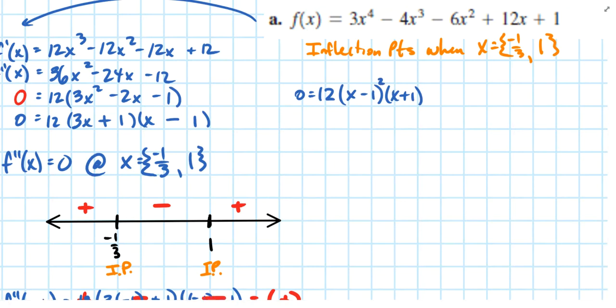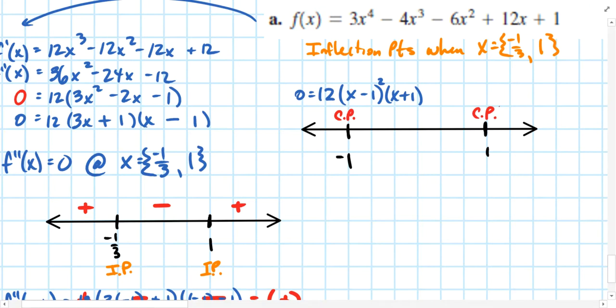The number line associated with it looked something like this, and we had +1 and -1 on that number line. Both of these were labeled critical points, where our derivative was equal to 0.